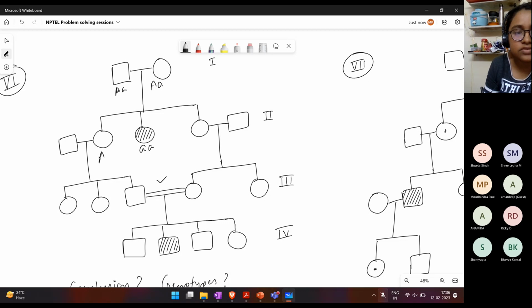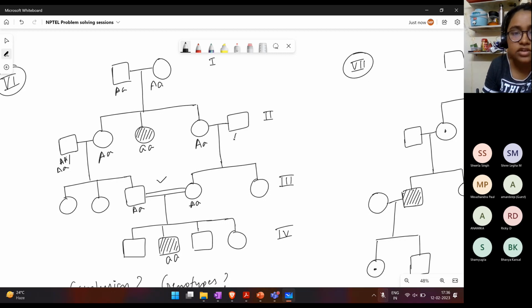Now, this will be the genotype of the children. This person has married this person, so she can be either capital A or this, right? So for an affected child to be born, the parents should have a genotype like this, correct?